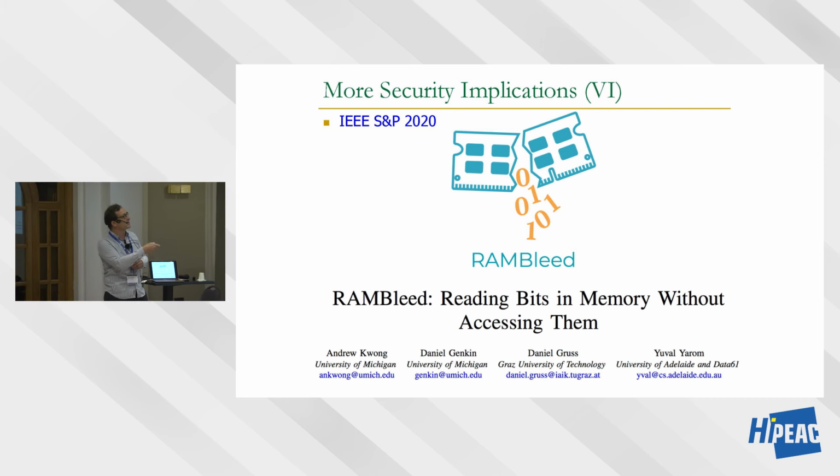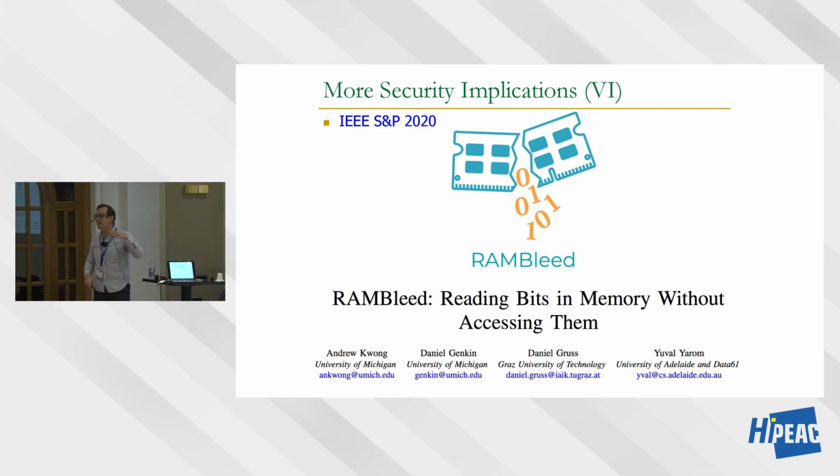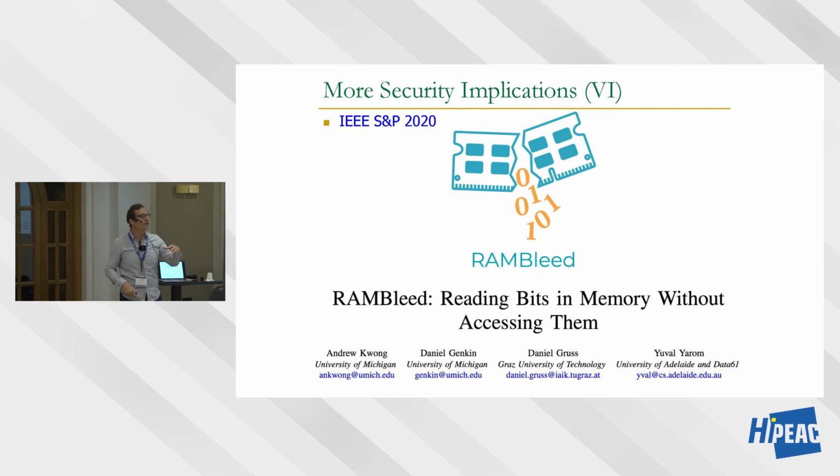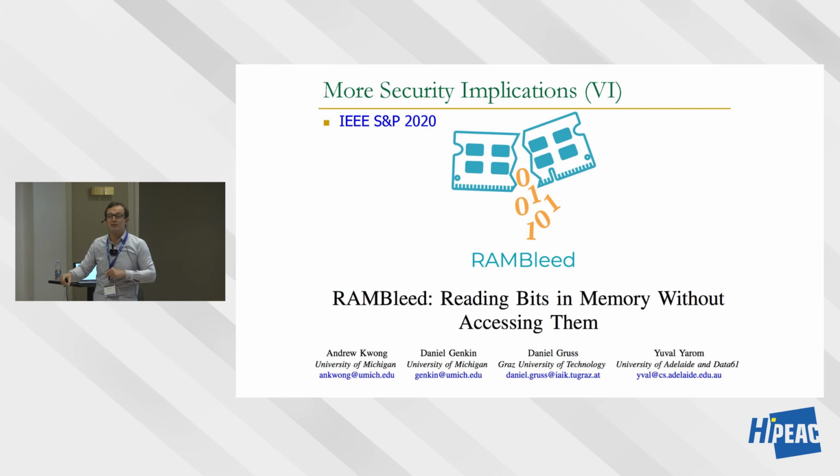More recently, this is 2020 we're talking about, as you can see. These folks show that even though you may not be able to gain control of a system using Rowhammer, by placing data carefully and attacking data around it, you could actually leak private data that doesn't belong to you. So you could read bits belonging to some security critical application, for example.